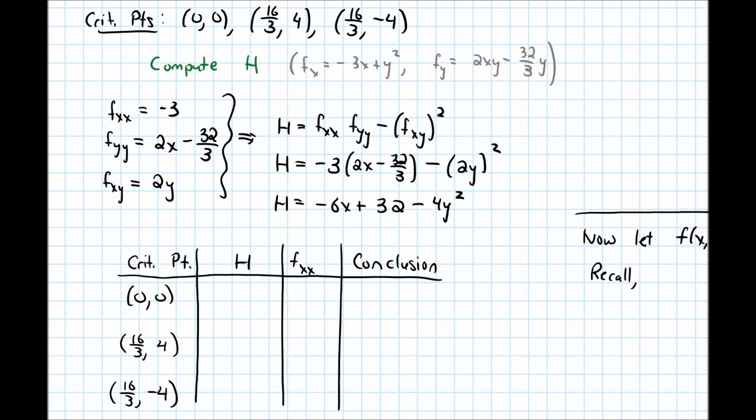So in the table, I'm keeping track of my critical points, the value of H, the value of fxx, and then what my conclusion is going to be. So if I plug in 0 for the x and 0 for the y, I'm going to get that H is 32. So when H is positive like this, I need to know what fxx is.